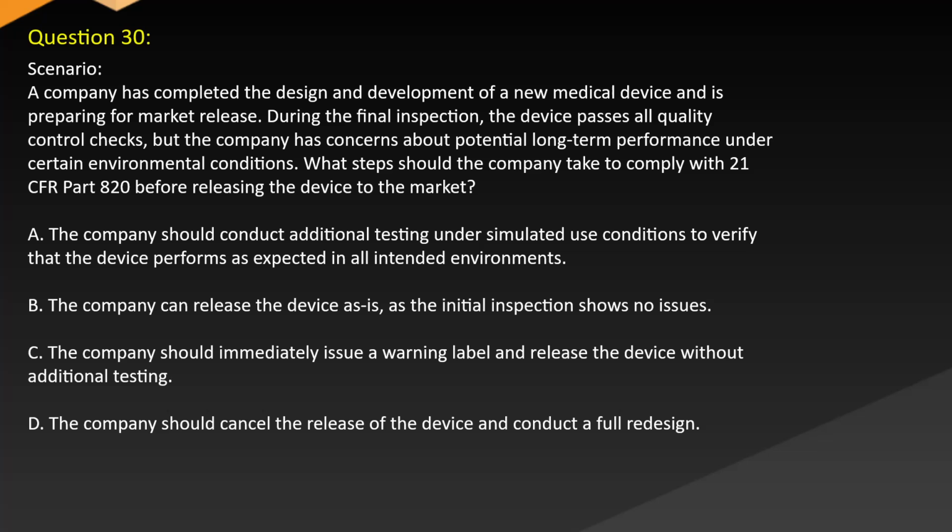A. The company should conduct additional testing under simulated use conditions to verify that the device performs as expected in all intended environments. B. The company can release the device as is, as the initial inspection shows no issues. C. The company should immediately issue a warning label and release the device without additional testing. D. The company should cancel the release of the device and conduct a full redesign.